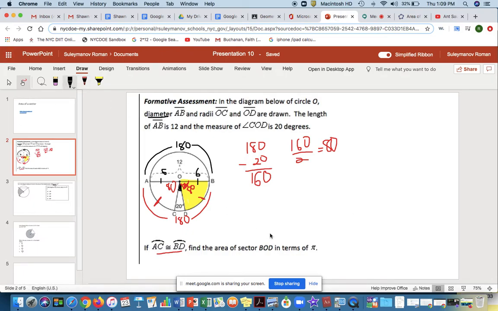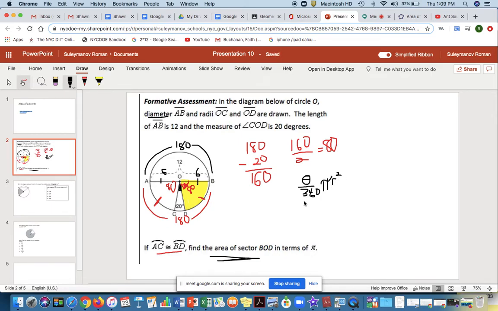All right. So from here, if you want to find the area of a sector, we have this formula where you take the angle of the arc that's intercepted by BOD over 360, so the piece of the circle over the total circle, times the total area, pi r squared.